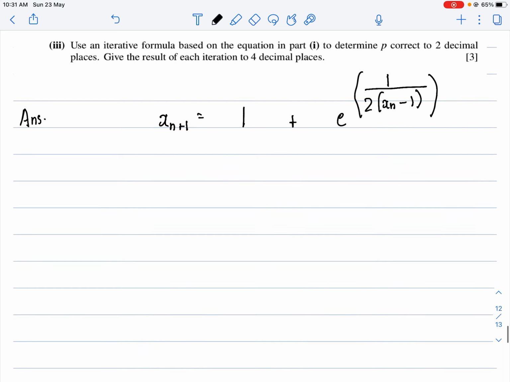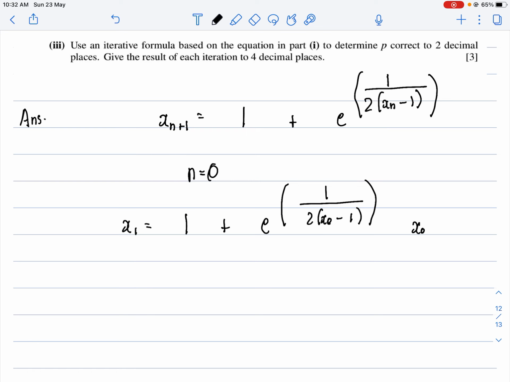Now, the first thing I do is I take my n as 0. When I take my n as 0, I get x1 equals 1 plus e raised to 1 over 2 into x0 minus 1.